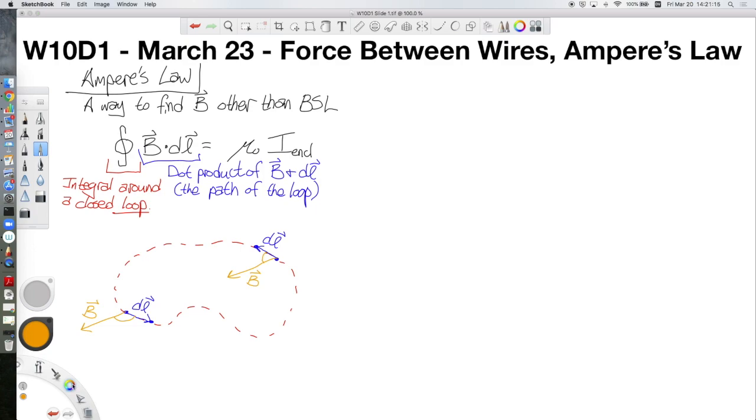Note that the dot product can be positive or negative, so what we're really trying to do here is find something about the component of the magnetic field that is parallel to our path.